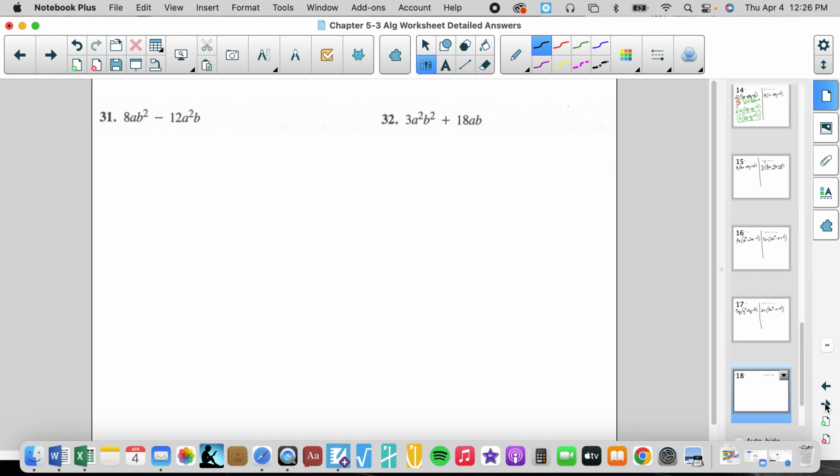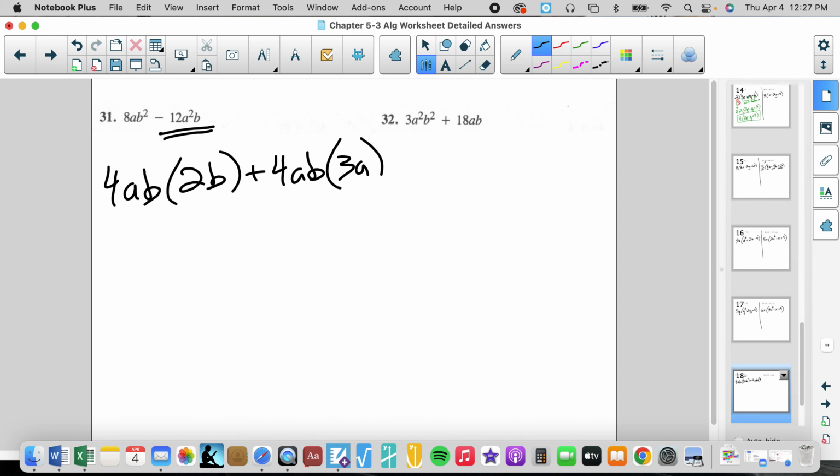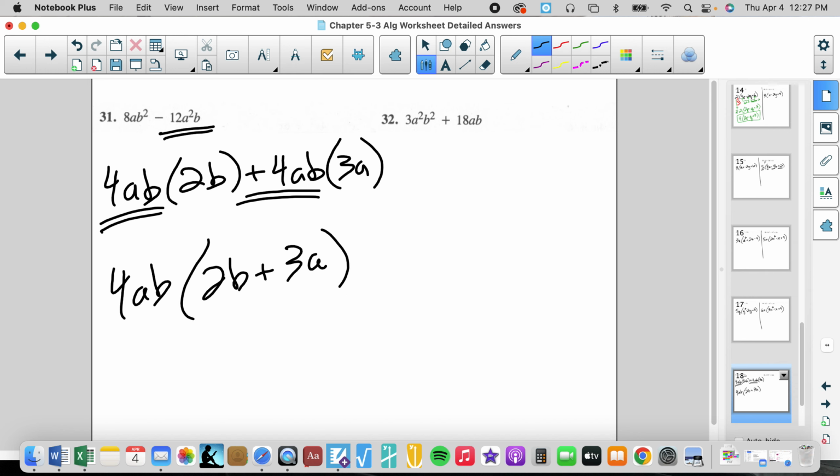So 8ab squared minus 12ab. So we see that 4ab. So if I do this, you know, what's left? That would be 2b. And then if I break this into a product of 4ab times what is 3a, we see that they have a common factor of 4ab, and if we take that out, we're left with 2b plus 3a.